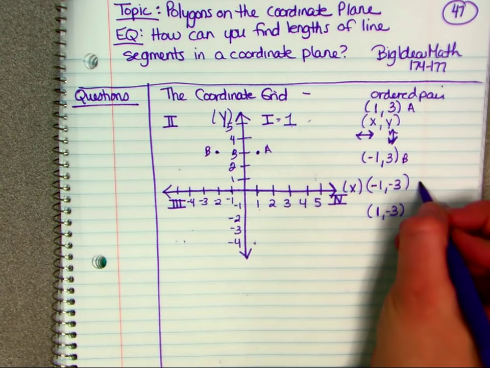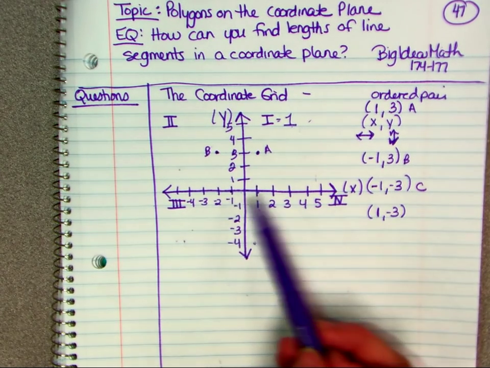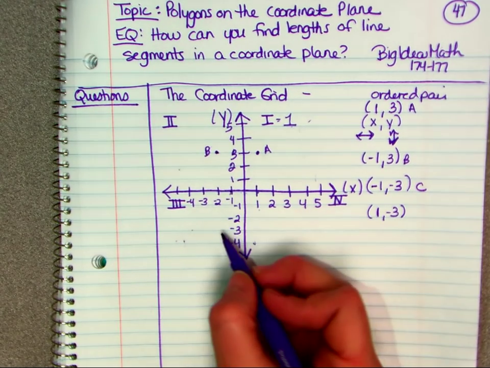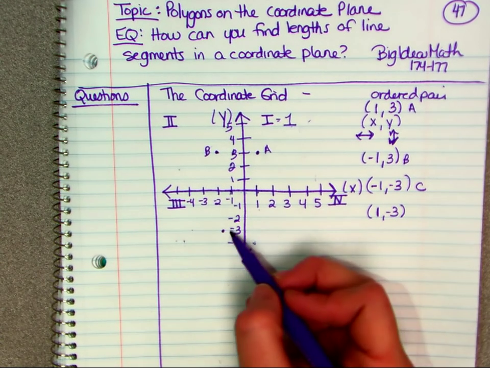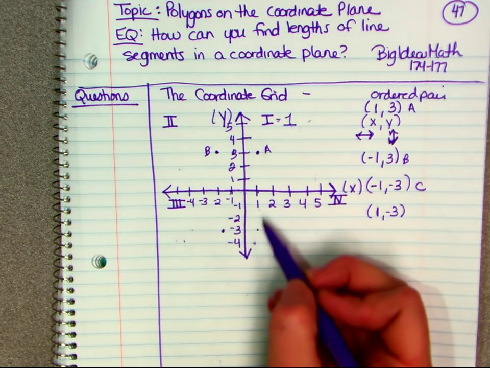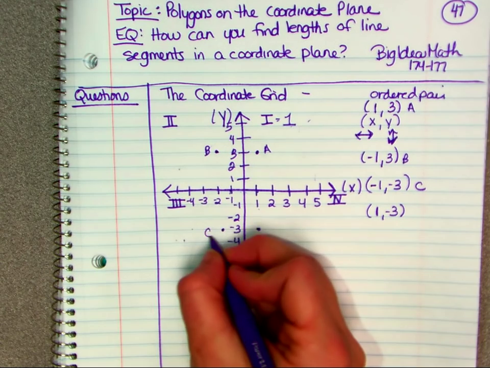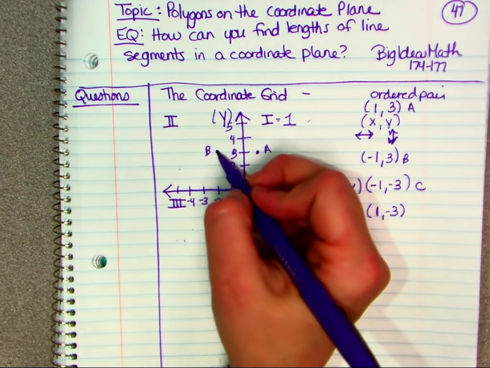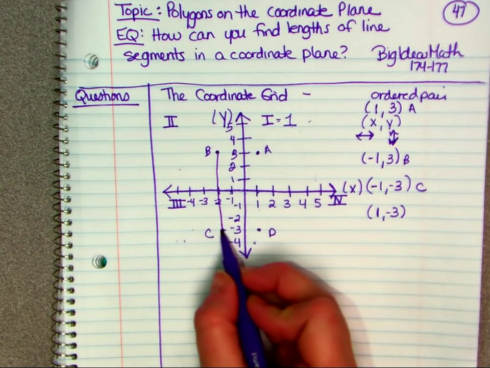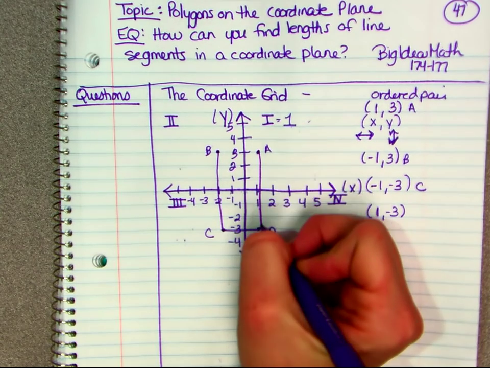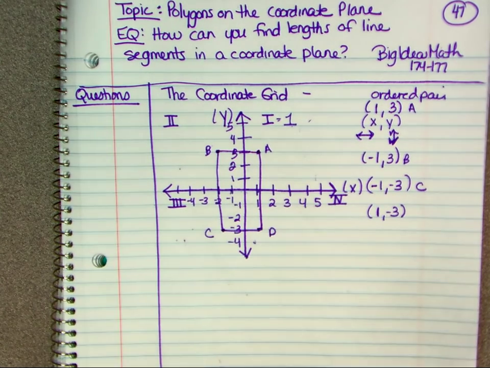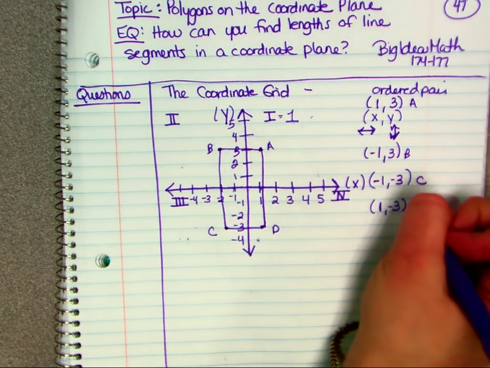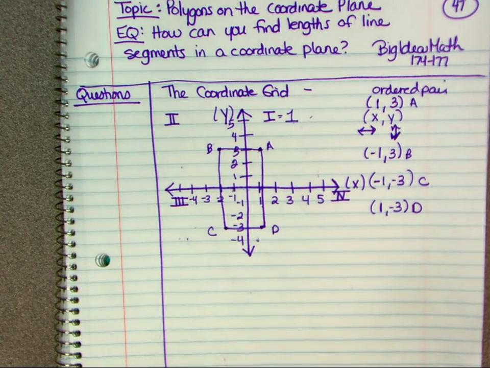Let's call this C. That would be over to -1, down to -3. And then we would go over to 1, down to -3. This would be C, this would be D, and now we can connect them. Hopefully you see that we have created a rectangle. So the polygon that we created was a rectangle.